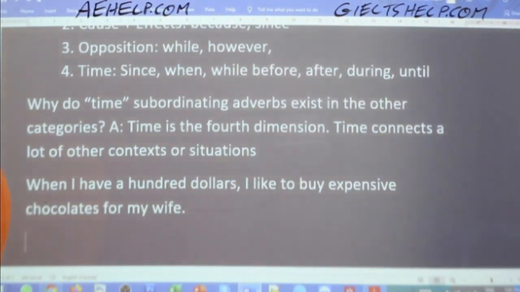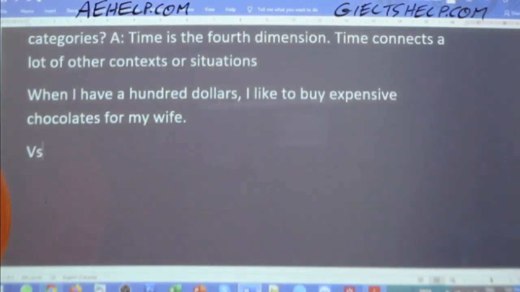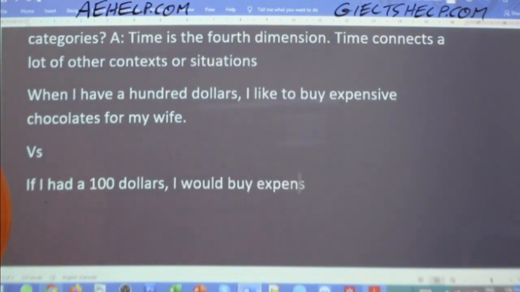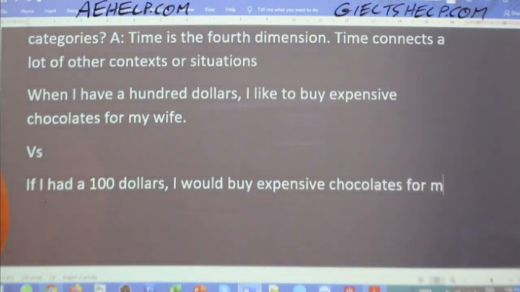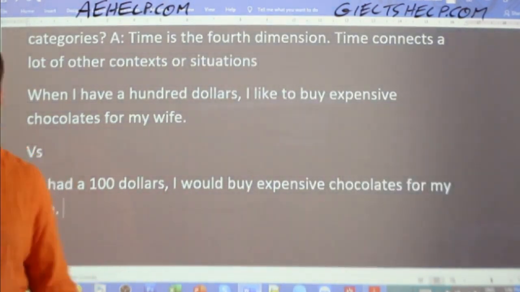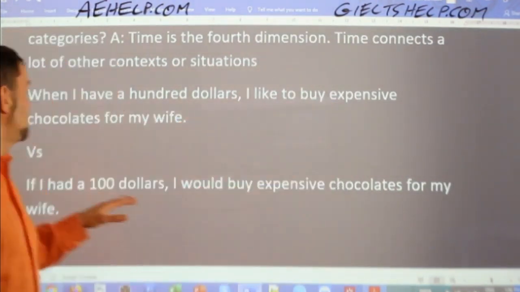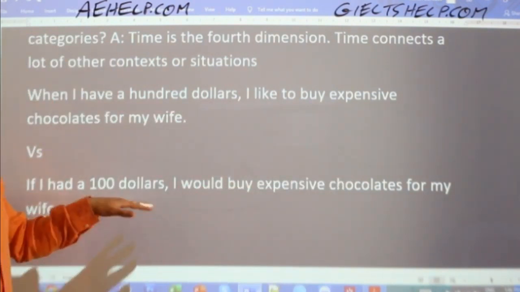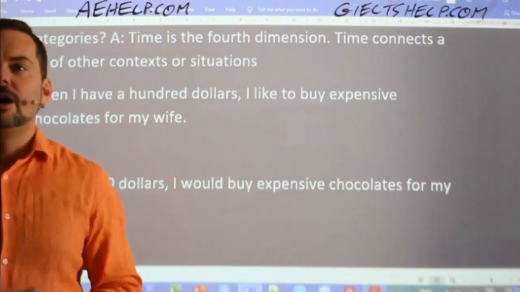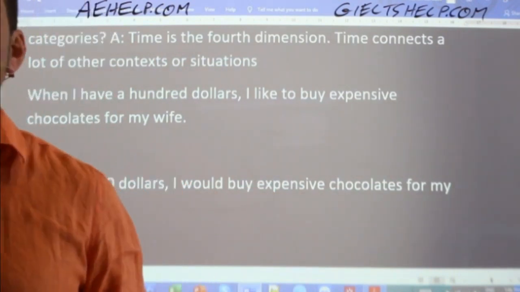Okay, versus if I had $100, I would buy expensive chocolates for my wife. Okay. What's the difference between these two sentences? When I have $100, I like to buy expensive chocolates for my wife. If I had $100, I would buy expensive chocolates for my wife. Okay. What's the difference there?